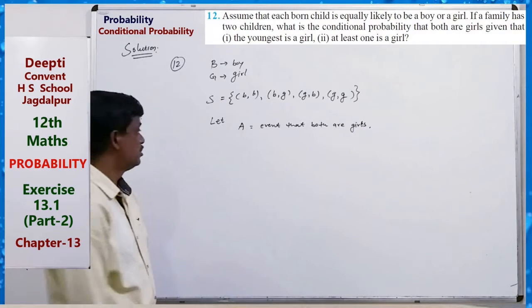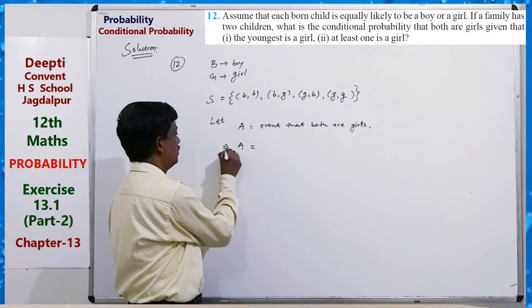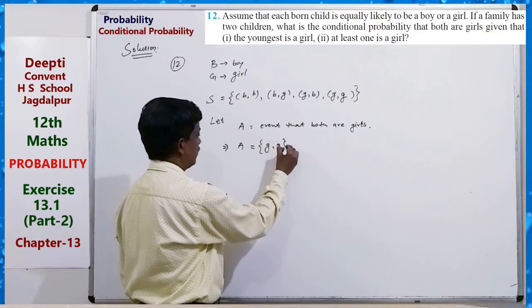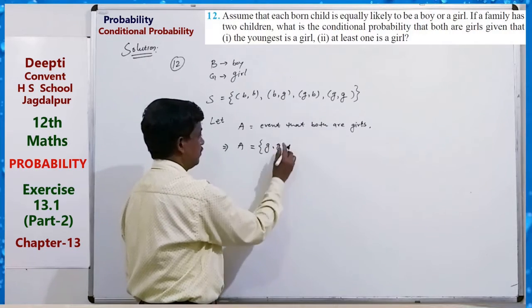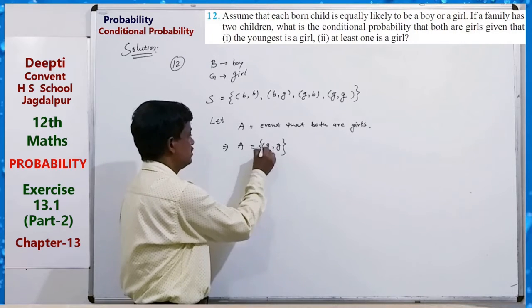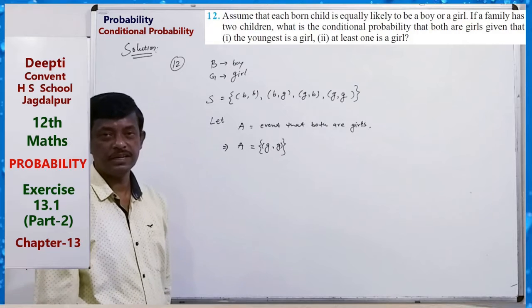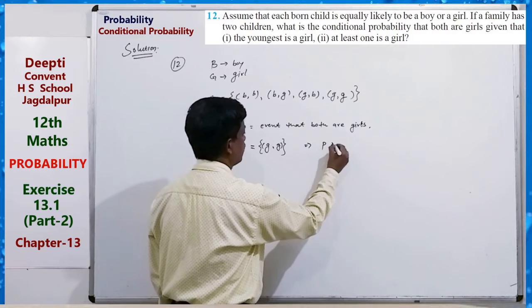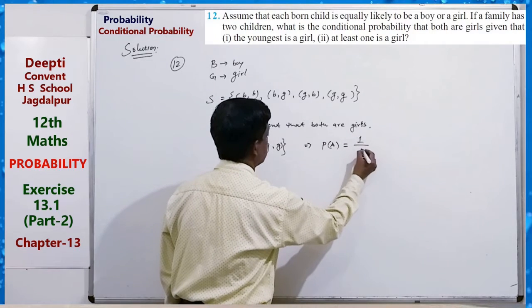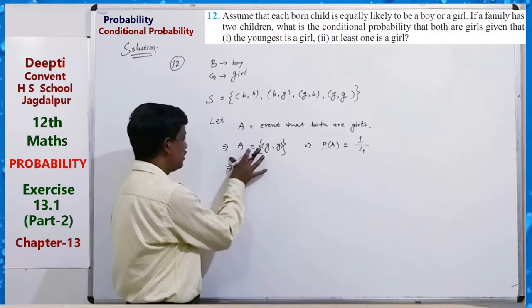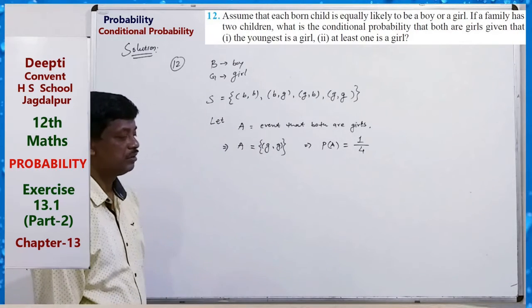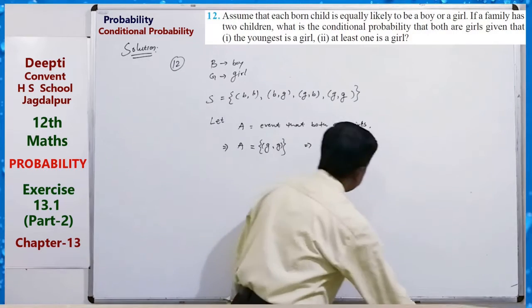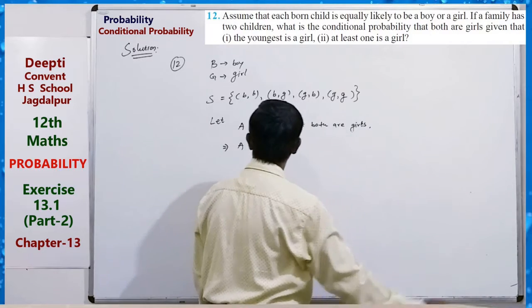Both are girls, so only a single point is there: GG. Clear? So the probability of A equals what? 1 upon 4. Very clear. It is not required just now.